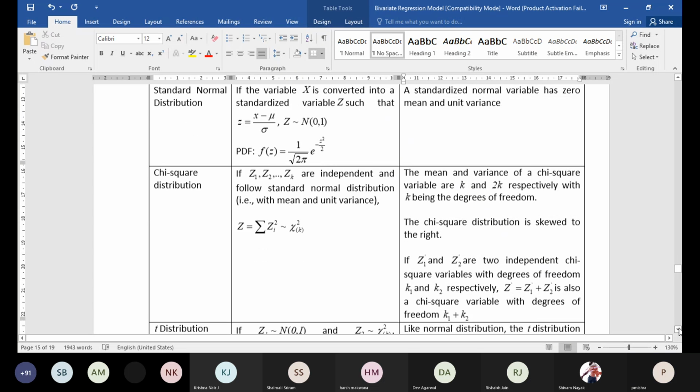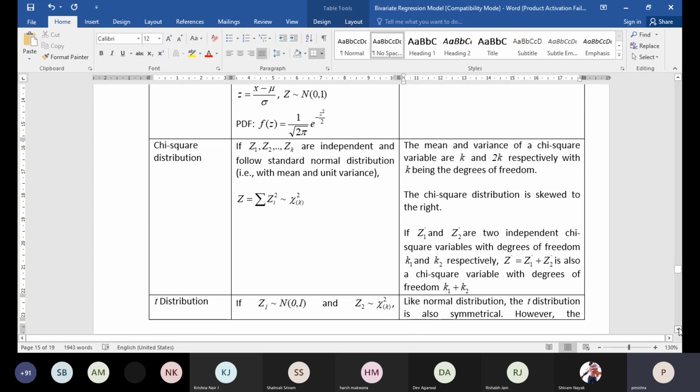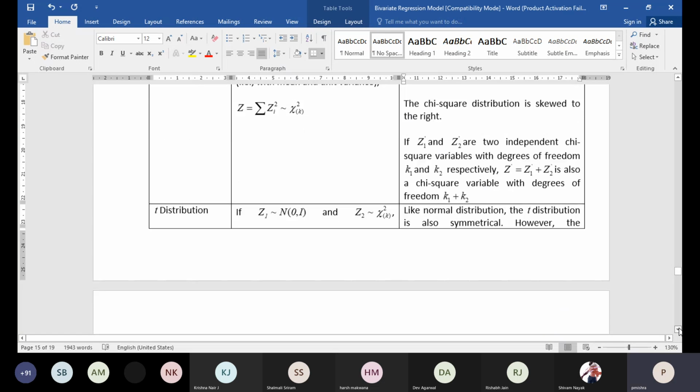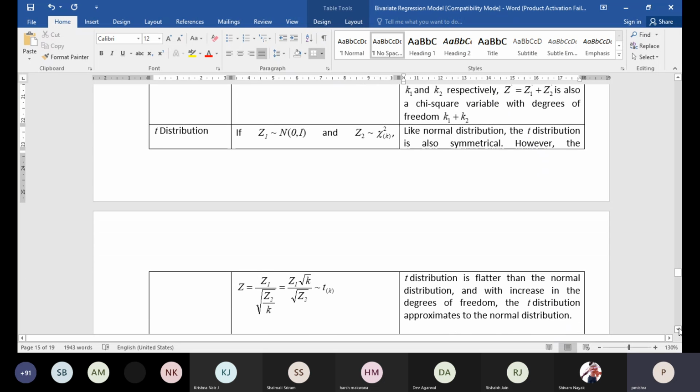And using standard normal variate and chi-square distribution, we get another distribution that is called T. What is that?